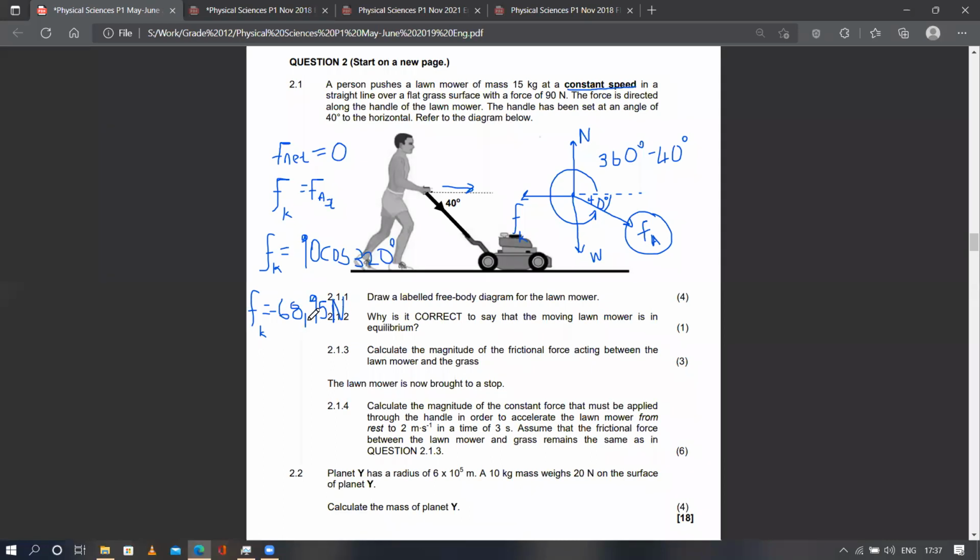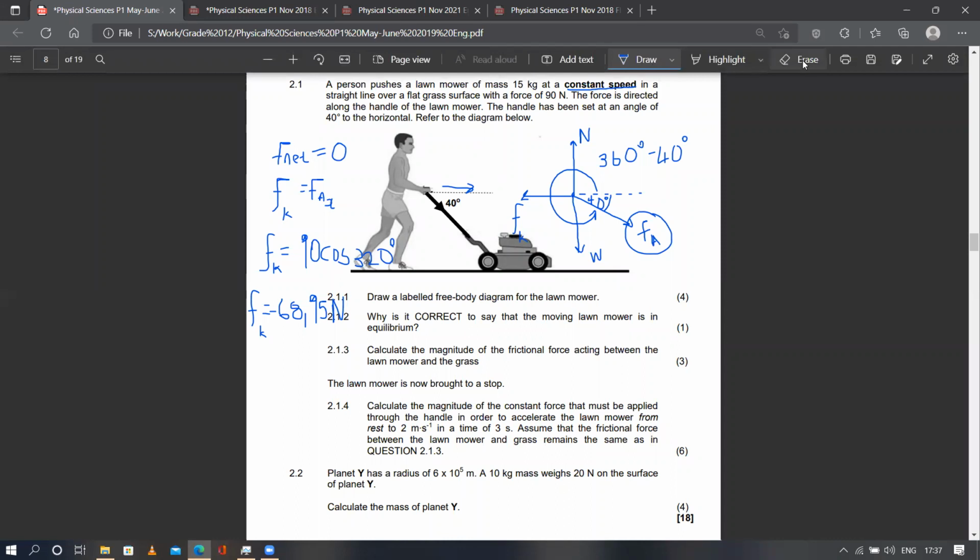Or if you don't want to use signs because it's a bit more confusing that way, you can just say to the left, because if you're looking at the picture, he's pushing the mower to the right, so your kinetic friction is to the left.